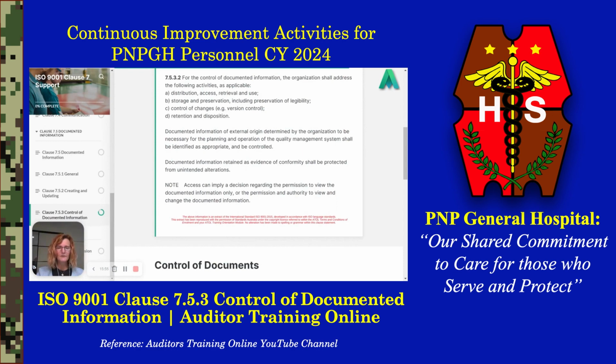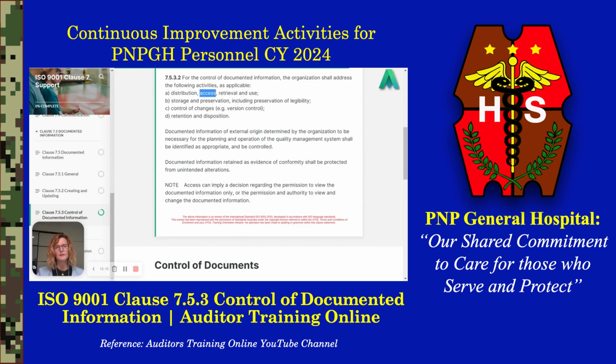And then finally, the note at the end says, access can imply a decision regarding the permission to view the documented information only, or the permission and authority to view and change the documented information. I mentioned that up here when I talked about access.